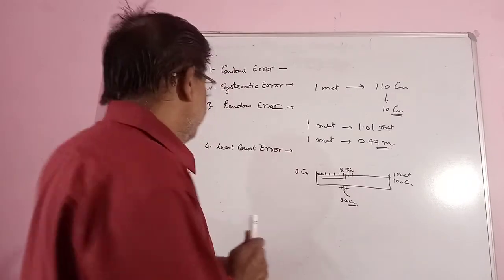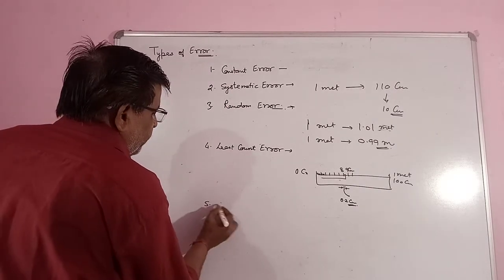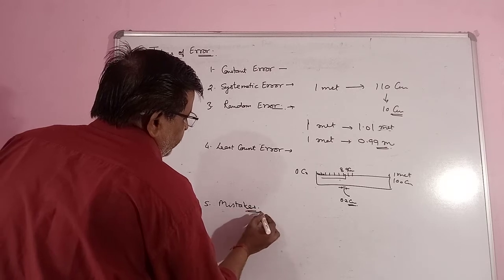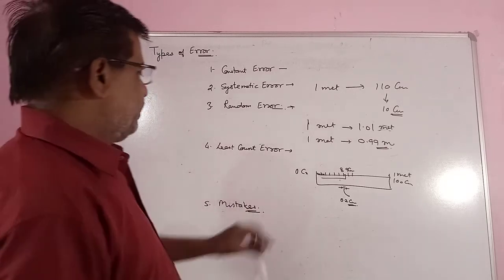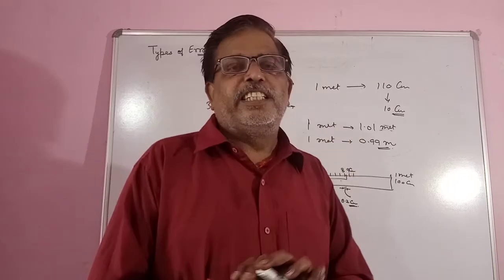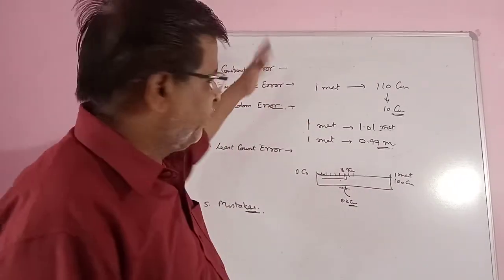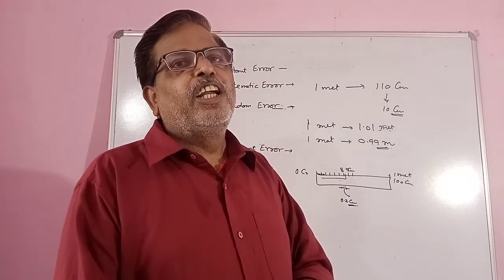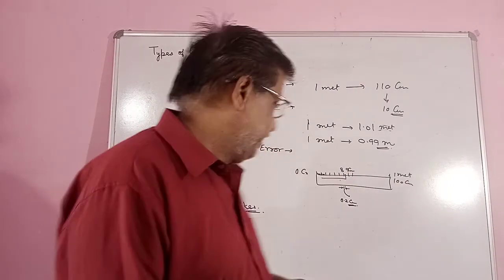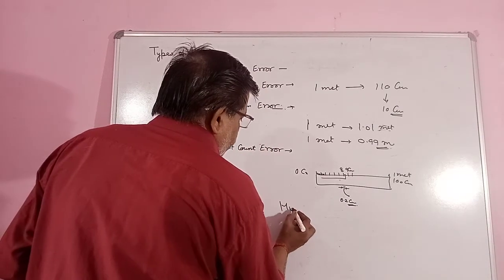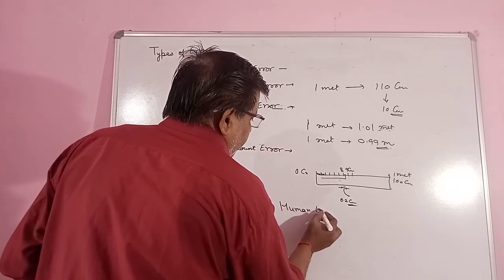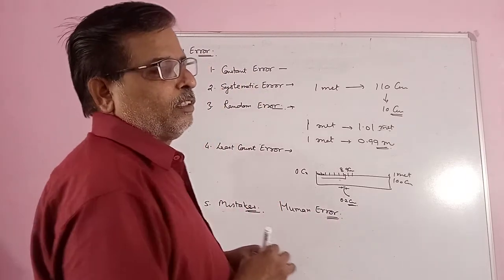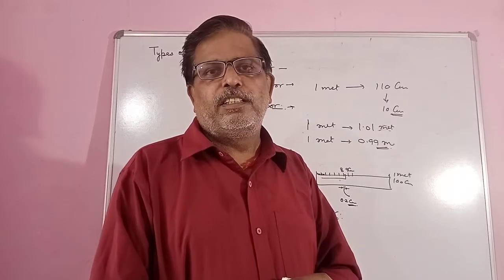And next, fifth, that is mistakes. This error is not characterized by anything. This is mistakes, or you can say human error. What does it mean?